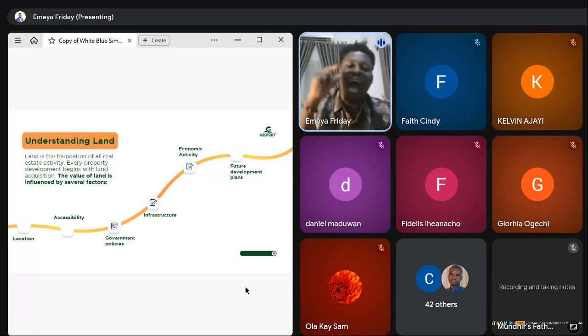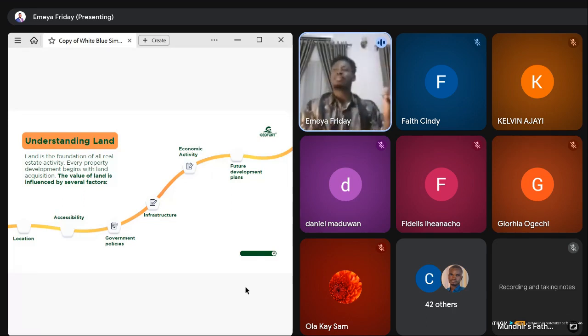Okay? So land value is influenced by these lines you see me draw on my slide. Every property development begins with land acquisition, and the value of land is influenced by several factors.